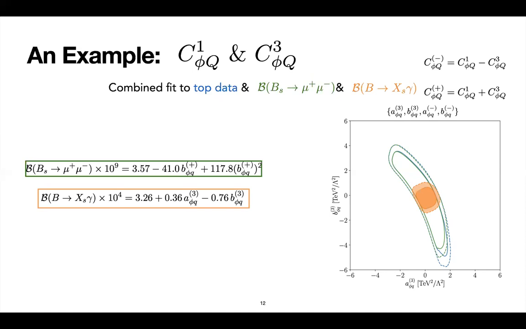However, here we got really lucky because the combination of parameters that we're constraining here is more or less the 1 minus 2 direction, which, if you look, is exactly the direction that was previously left almost unconstrained by using only top and Bs to mu mu data. So this really is a lucky coincidence that B to Xs gamma is constraining the orthogonal direction here.